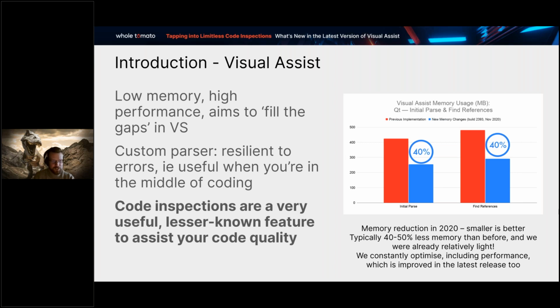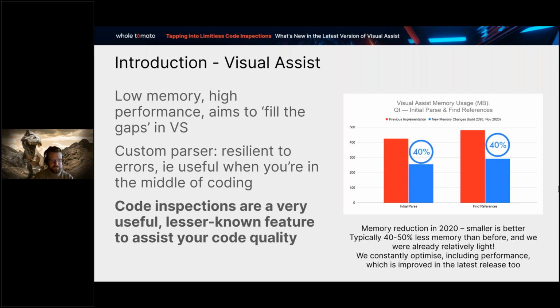Visual Assist is built around a custom parser, and we'll mention this a bit later when we get on to code inspections, but it's quite resilient to errors. There are basically two different types of parsers that are used for tools like this. The most common is a compiler-like parser, which makes sense because you're parsing computer code.